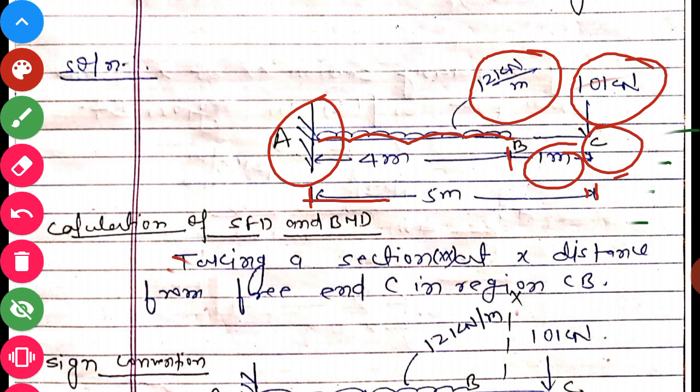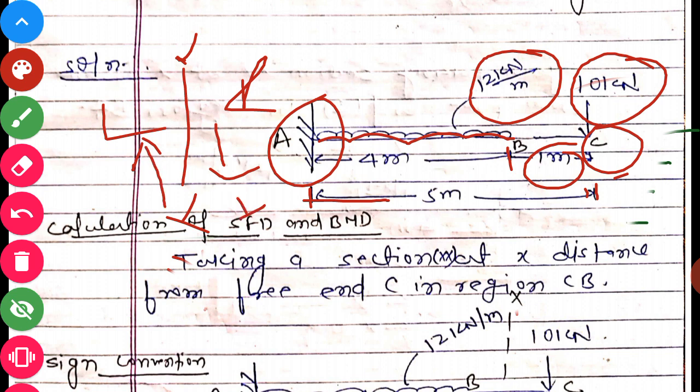As you know, if we take the section XX, with the right side and the left side, and the force on the right side is downward and on the left side is upward, in that case we take the sign convention positive. And if at section XX the right side is upward and the left side is downward, in that case we take the sign convention negative. I hope you understand this.